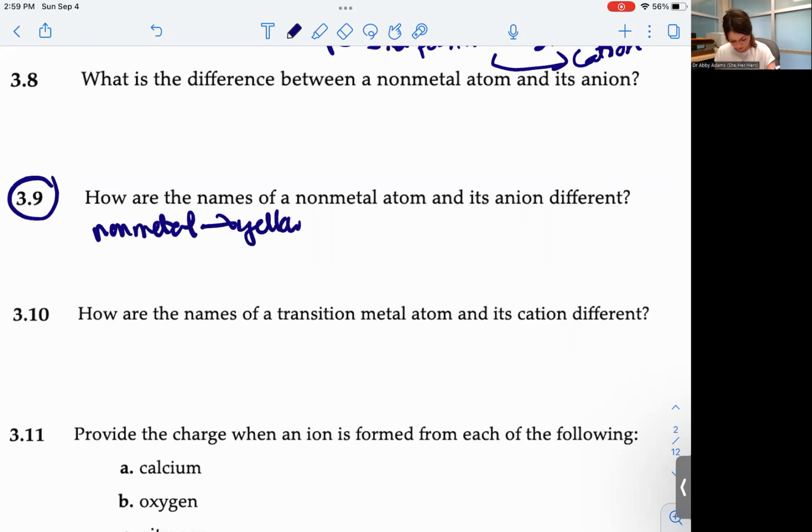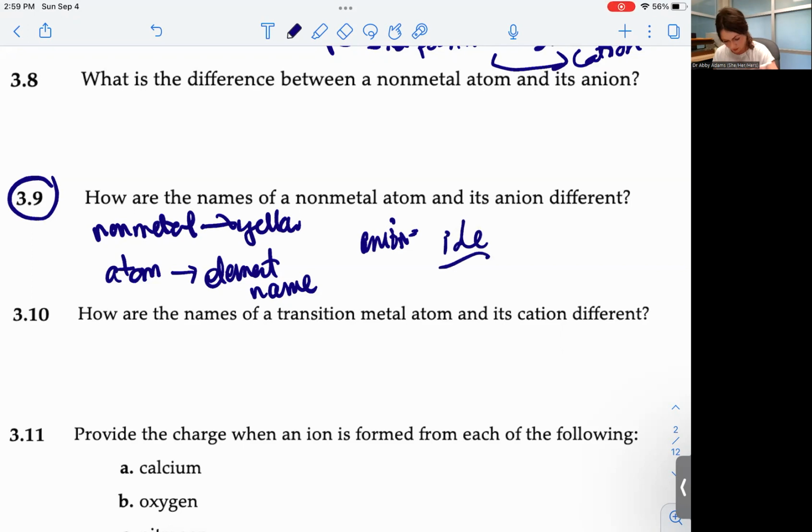You're going to have your atom, so you're going to have your element name. So you have your non-metal atom. And for the anion, you're going to add "-ide" to the end. We just went over that.